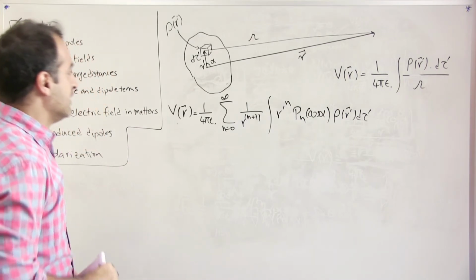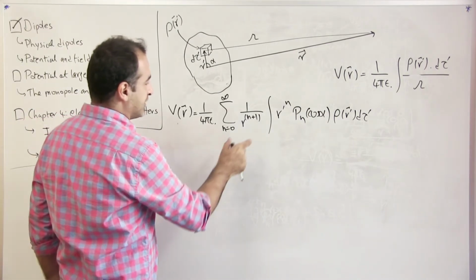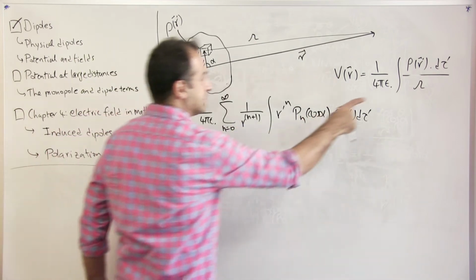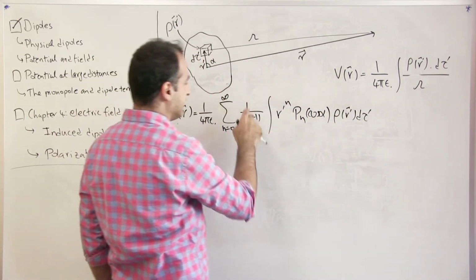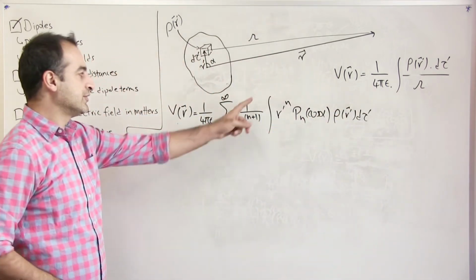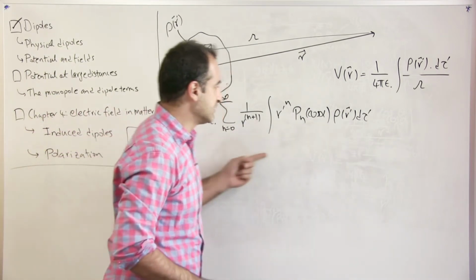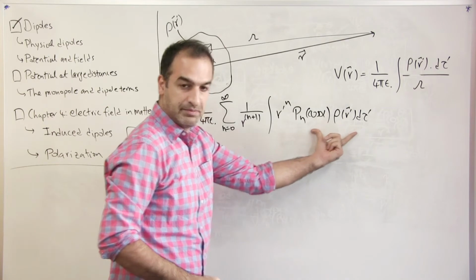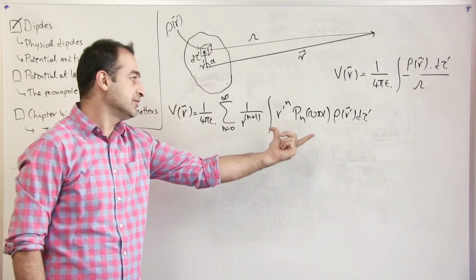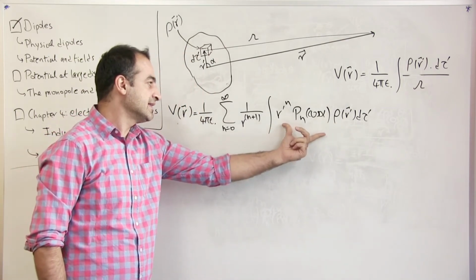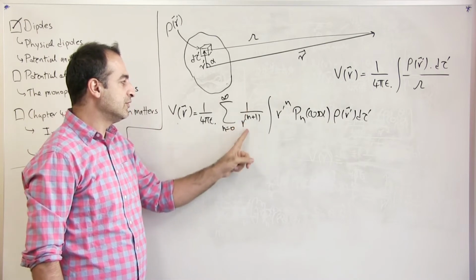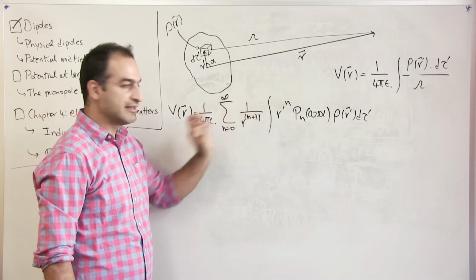Okay. So what we did was we were trying to write this integral and expand it in the form of 1 over r terms. And this series actually does that for us. The integral doesn't look very simple because of this Legendre polynomial term, but the nice thing is that we have all the 1 over r terms outside the integral.